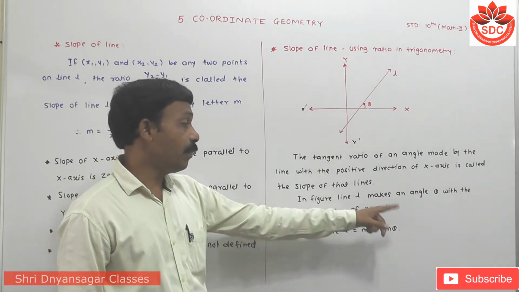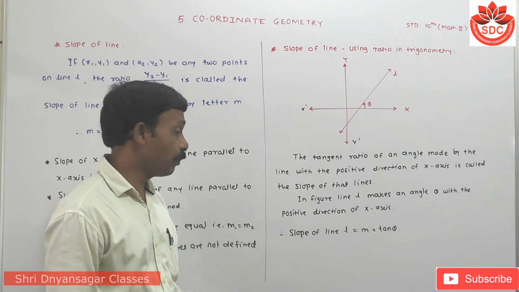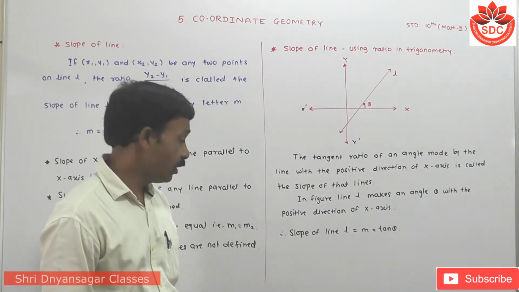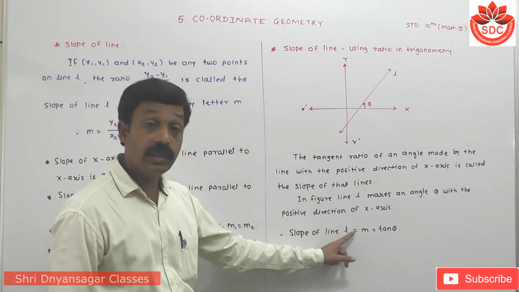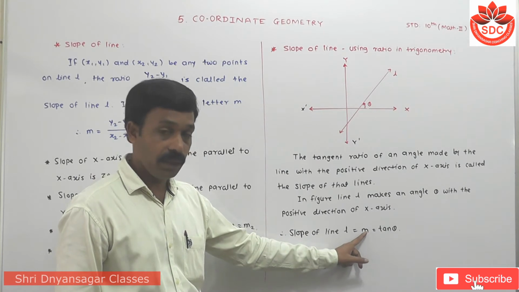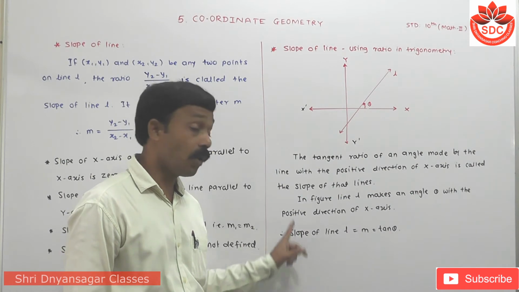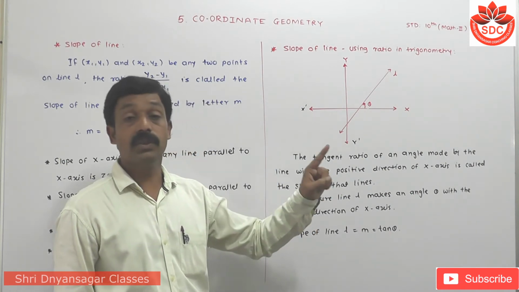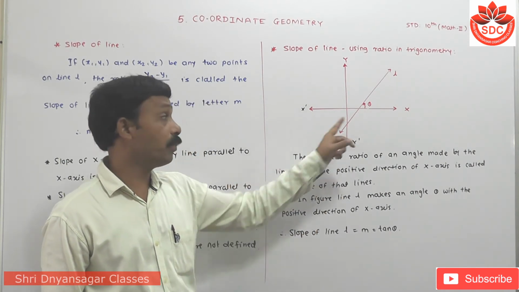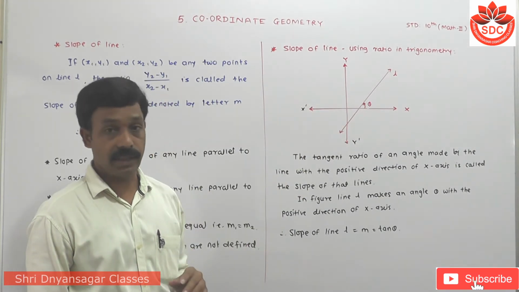In this figure, the line makes an angle theta with the positive direction of the x-axis. Therefore, the slope of the line L is m. We denote it by m equals tan theta. This is a very important formula. The slope of any line is tan theta, where theta is measured from the positive direction of the x-axis.